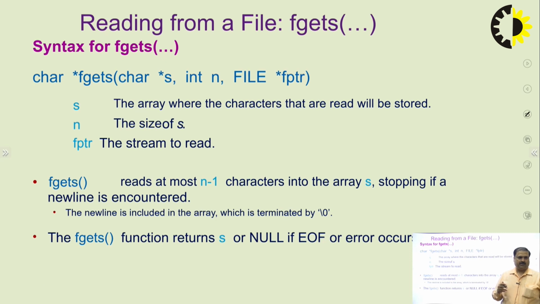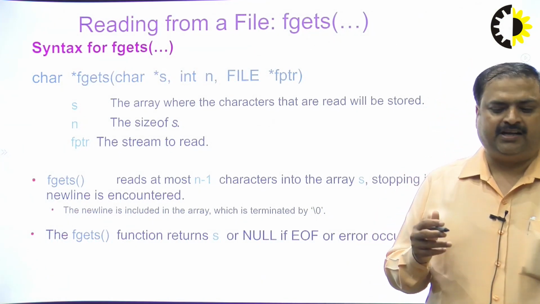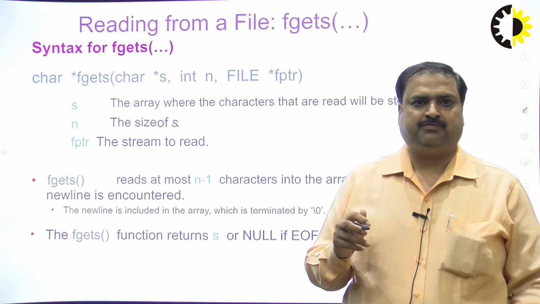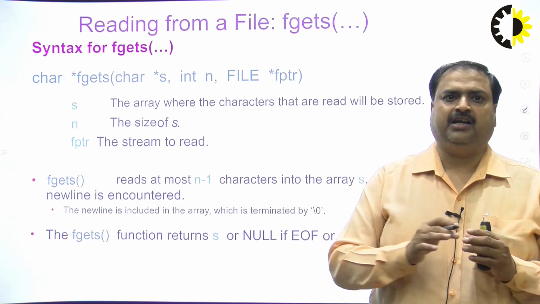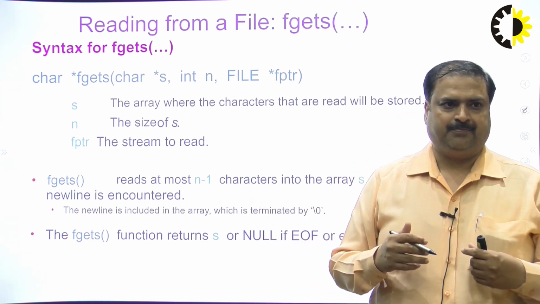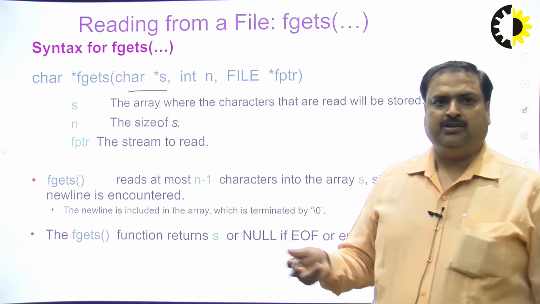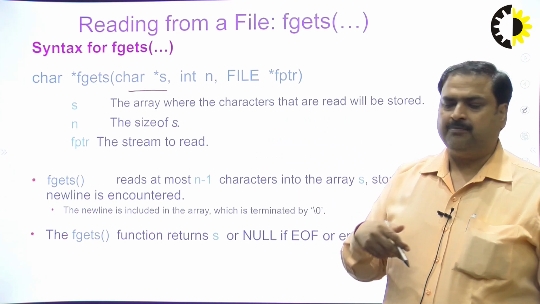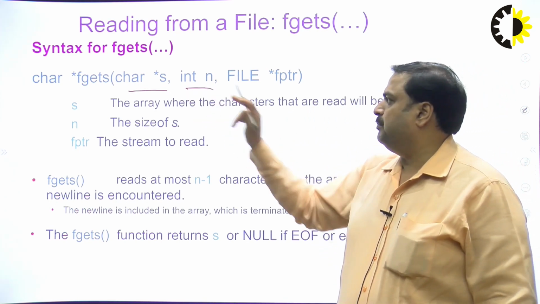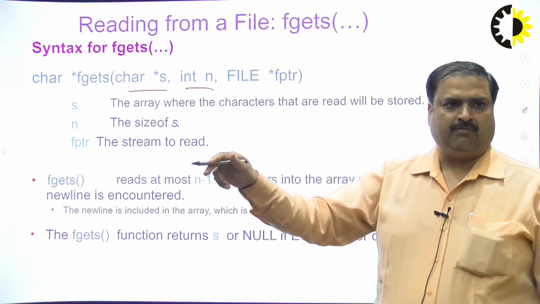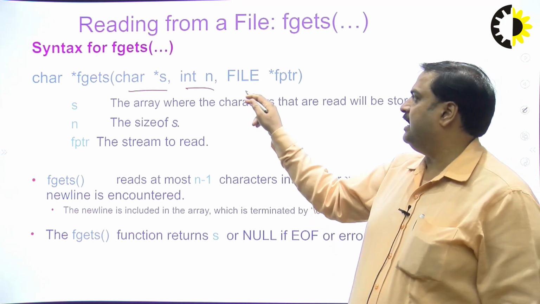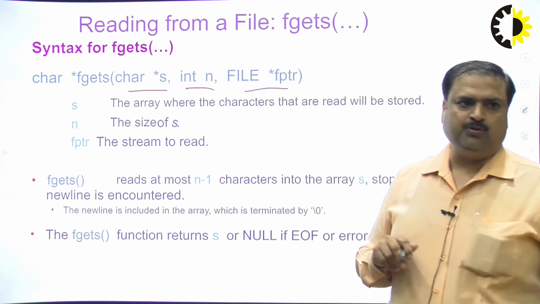So there is another function, fgets. The fgets function is specialized for reading a line from the file. The syntax contains one character pointer which will store the data read from the file, the maximum number of bytes it is going to read, and the file pointer through which it is going to read.